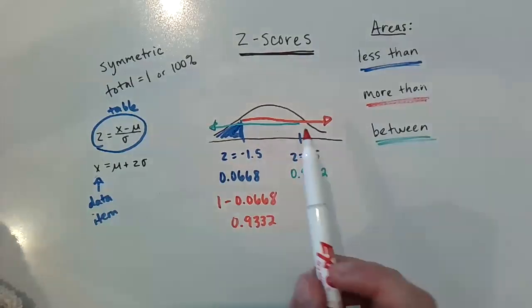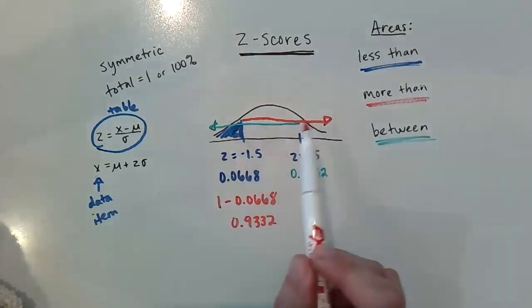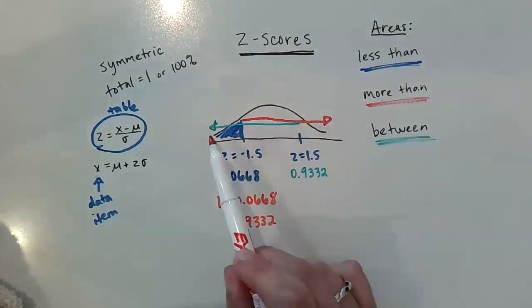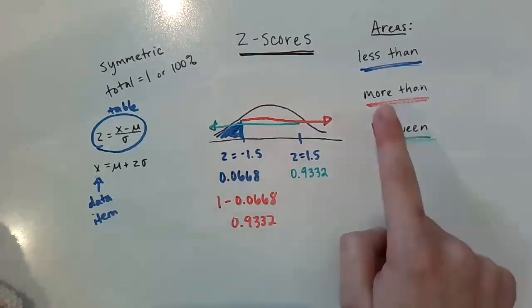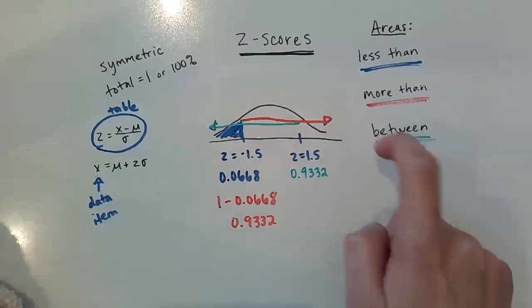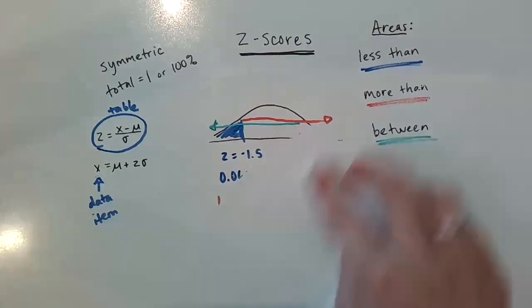So everything to the left here, notice I'm missing this right chunk, and guess what that right chunk is? It's this value right here, okay? And again, it's because it's symmetric, right? So you've got two different ways that you can work out when you are asked for more than a value, okay? Now I'm going to go ahead and briefly go over each one of these areas because you're going to be asked to find those areas.